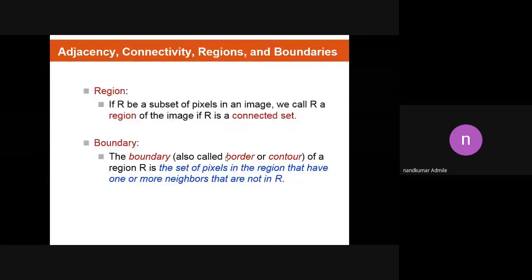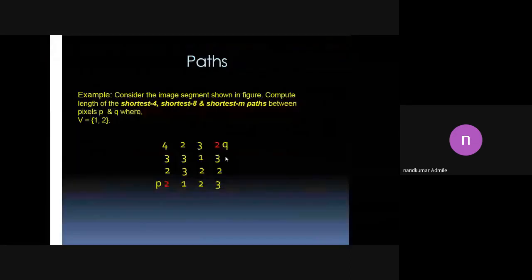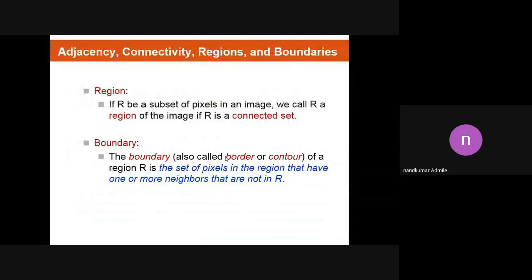Similarly, if we separate the two images from each other, that is called a border or boundary. Okay, so these are the basic concepts of neighbors, the basic concepts of pixels. So everyone clear?